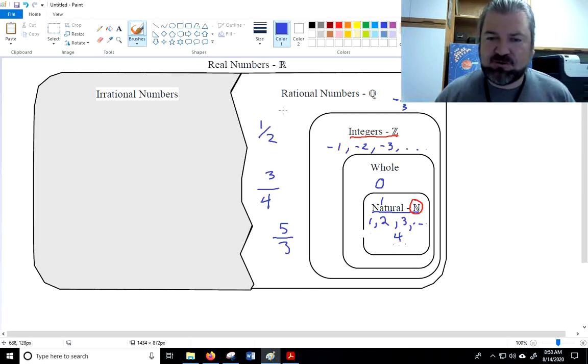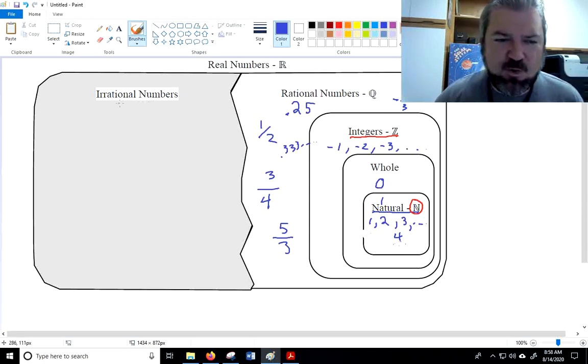But we could also have decimals that can be converted to a fraction. So 0.25, that number is 1/4, so it's a rational number. Also, 0.3 repeating. You may have seen that like 0.3 with a bar. Well, that's 1/3. So it turns out that any decimal that terminates or has a repeating pattern, there's a rule we can convert it to a fraction.